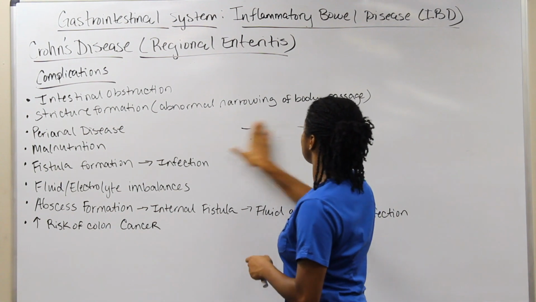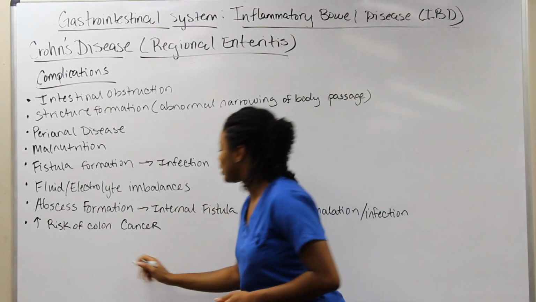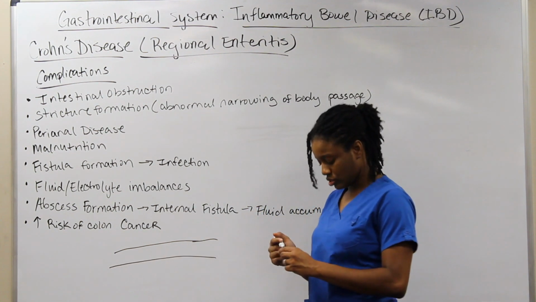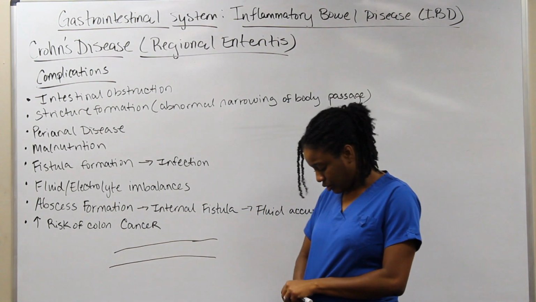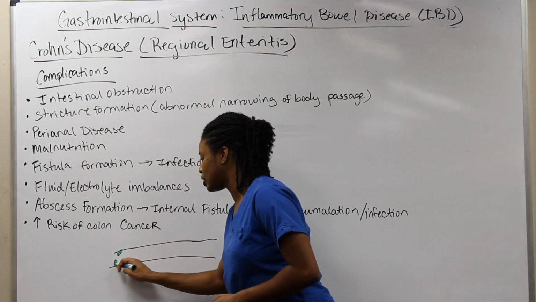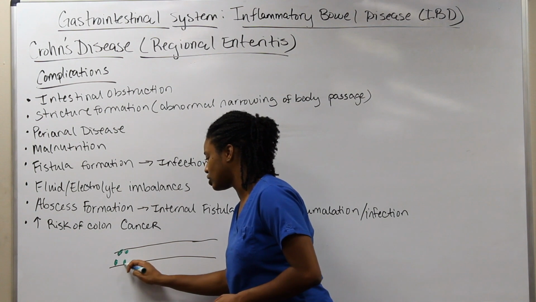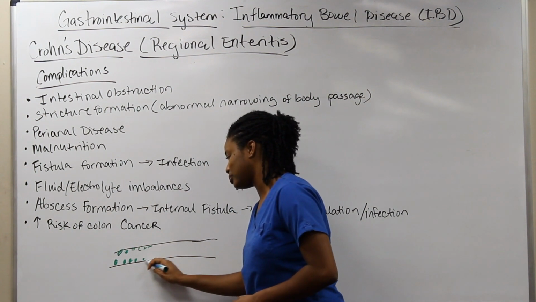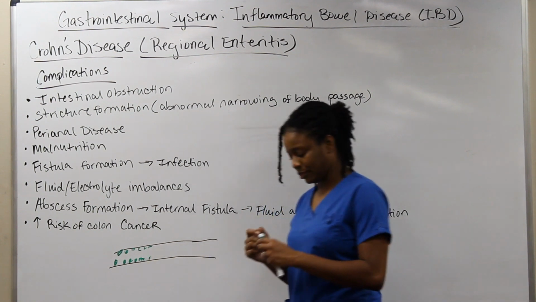Okay, actually, I'm going to put it down here. Okay, and then I'm just going to grab my marker, right? So I have these bulges here, here, here, and here, right? All right.